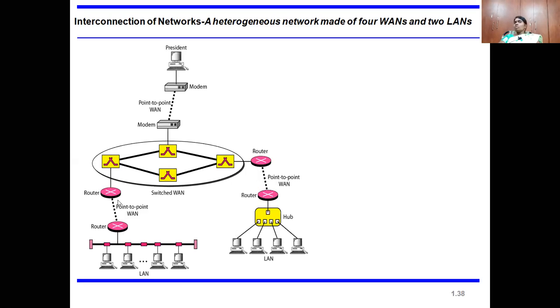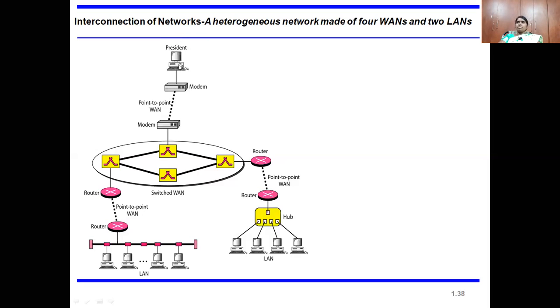Similarly, here also the same thing, this west side and east side. This one is connected, and here also this router is connected to this switch. Switch means where it is connected, switched WAN. Here these two companies should be monitored by their president, and he is somewhere far away from these two cities.